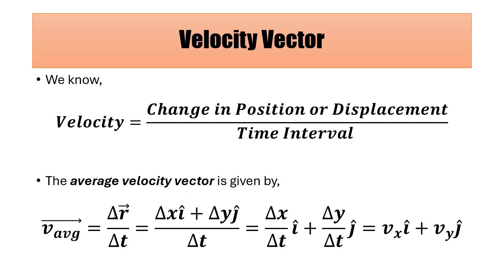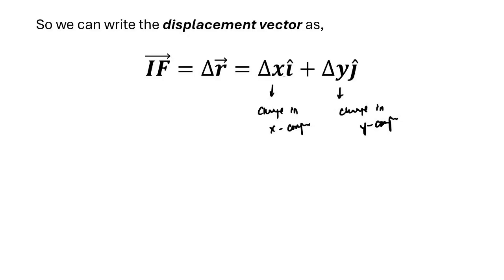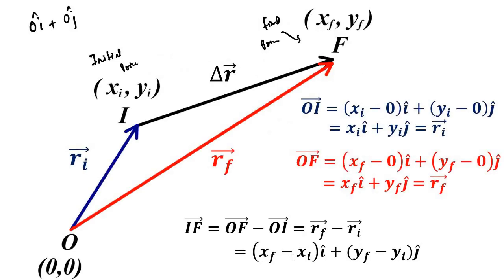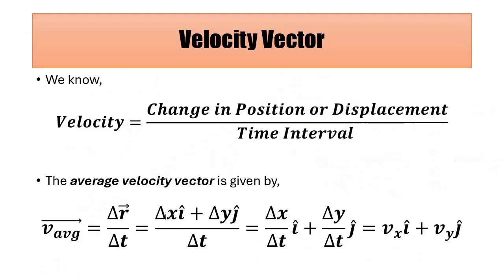That is the displacement vector delta r, which is equal to delta x i cap plus delta y j cap, which is xf minus xi i cap plus yf minus yi j cap, divided by delta t, the time interval. So delta x i cap plus delta y j cap by delta t, which is equal to delta x by delta t i cap plus delta y by delta t j cap.